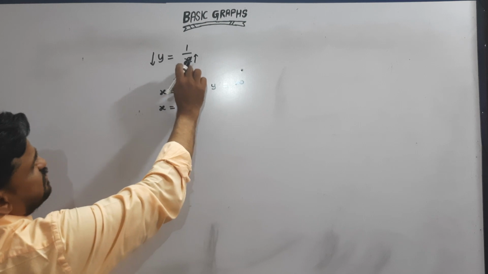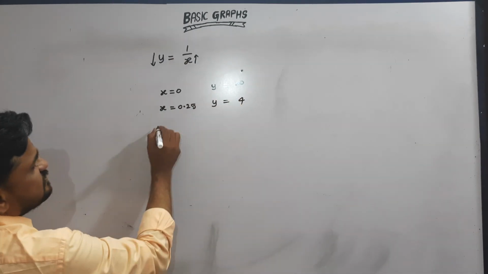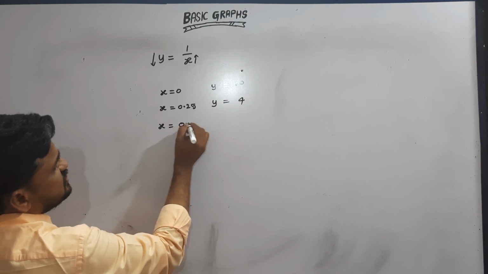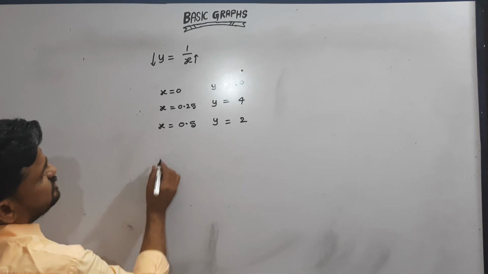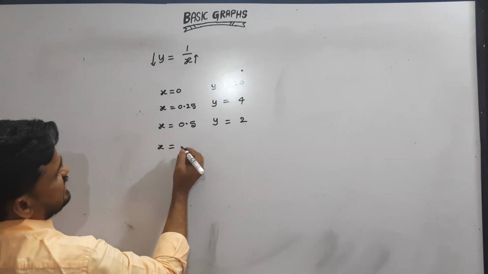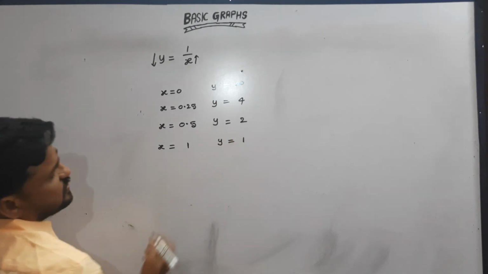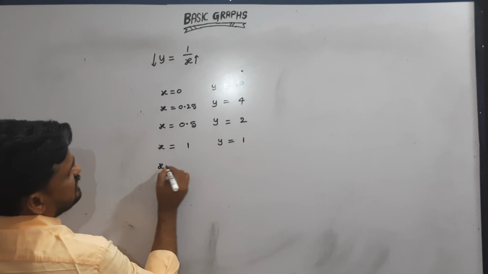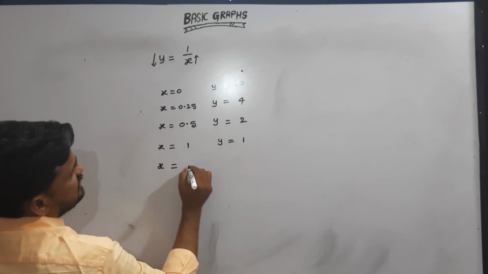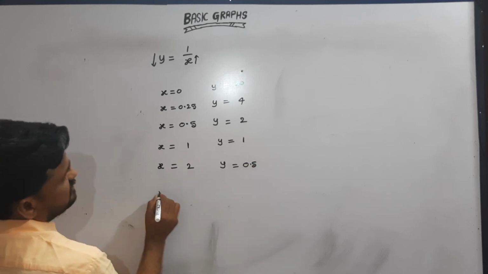At x equal to 0.25, y value 4. At x equal to 0.5, y value 2. At x equal to 1, y also 1. At x equal to 2, y value 0.5.